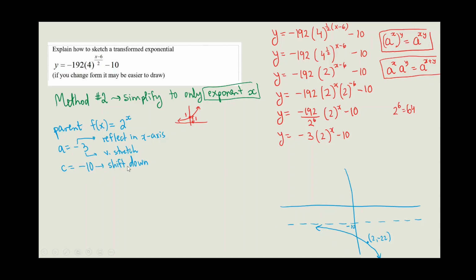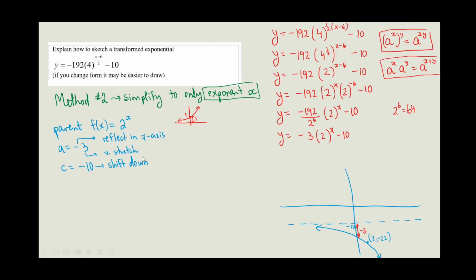There's definitely a shift down, but there's also a vertical stretch of 3. If you look over here, this arrow would be a size of 3, and it's negative because it's going down. So all of these are visible, but I prefer not to even use transformations unless I specifically say state transformations. You don't have to use this concept.